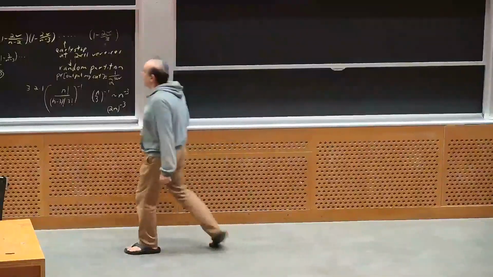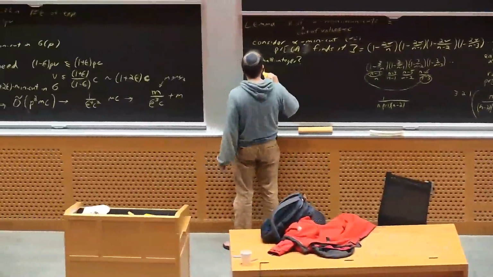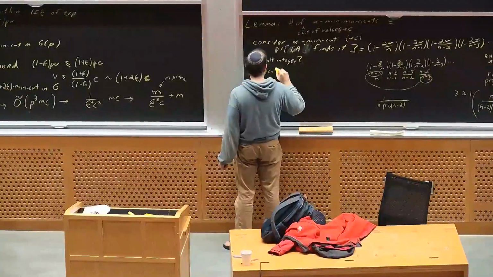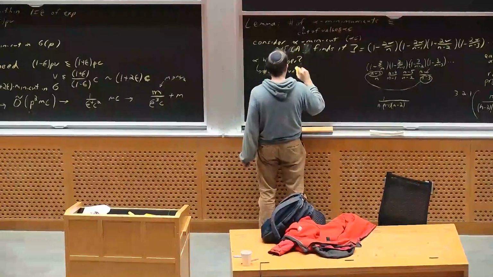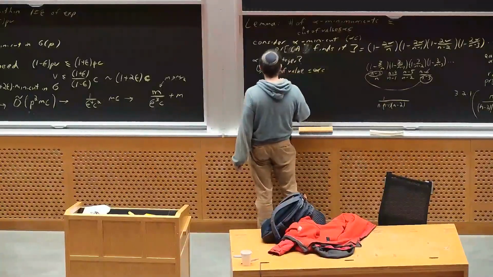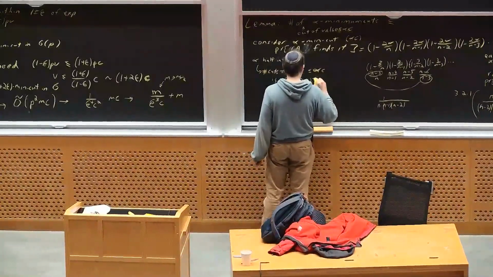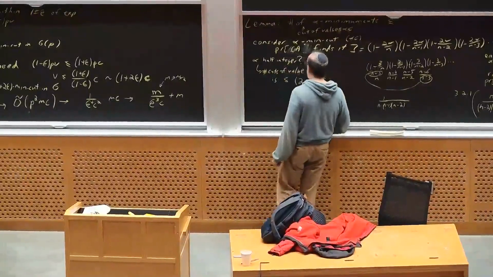So for any half integer alpha, the number of cuts of value at most alpha c is at most 2n to the minus 2 alpha.